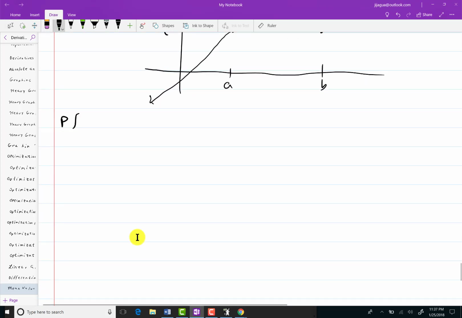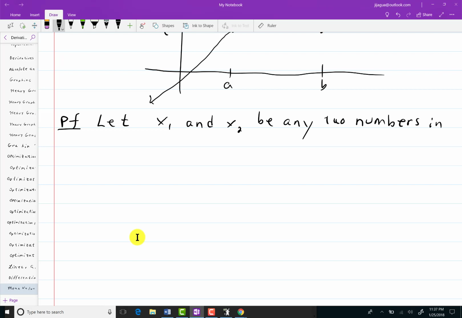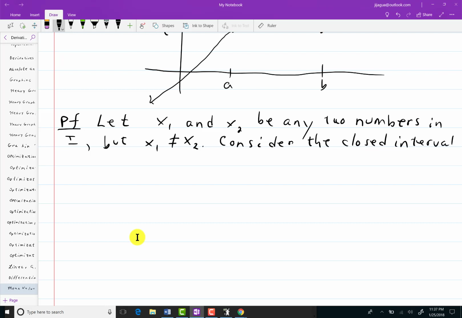To see why this is true, let x1 and x2 be any two numbers in I, but x1 does not equal x2. Consider the closed interval x1 to x2.